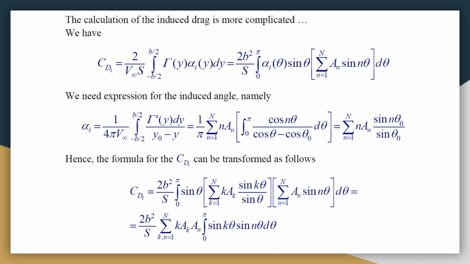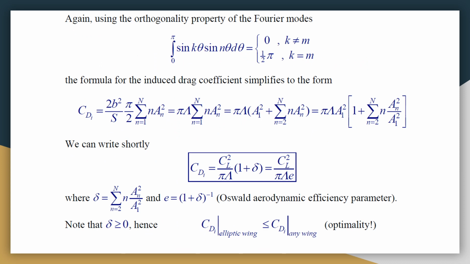It is the expansion of the Fourier series. Again using the orthogonality property, the integral from 0 to pi of sin k theta sin n theta d theta is 0 for k not equal to n, and pi/2 for k equal to n.